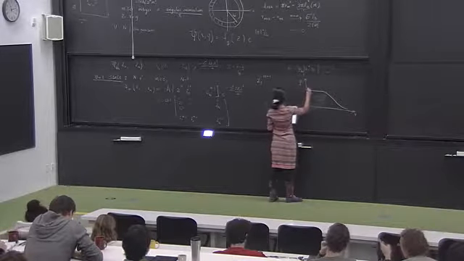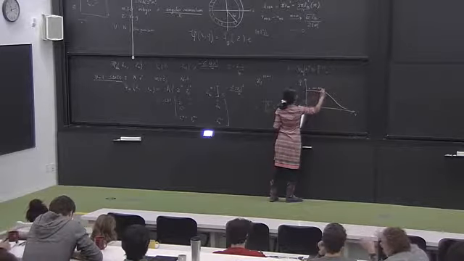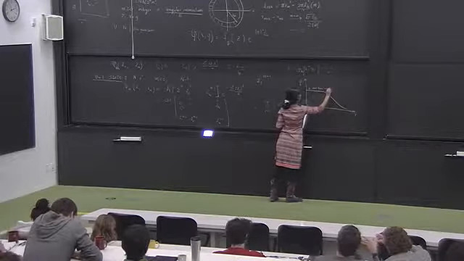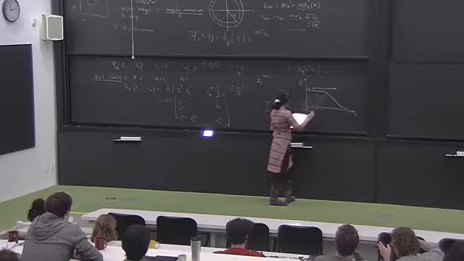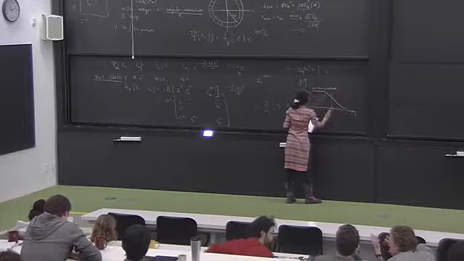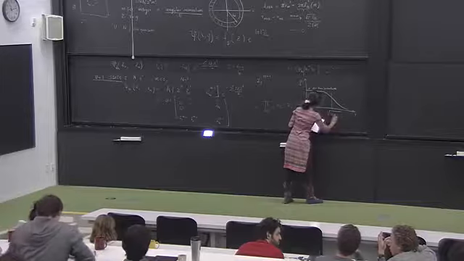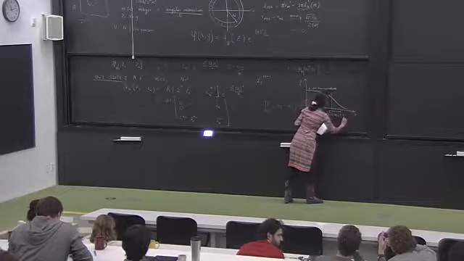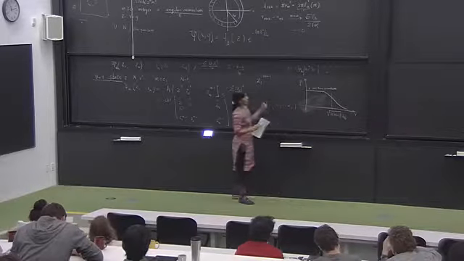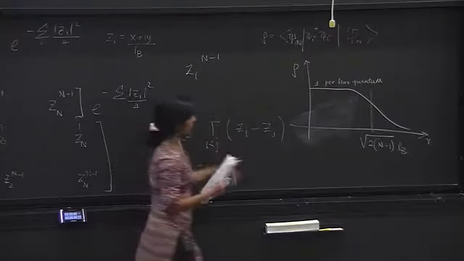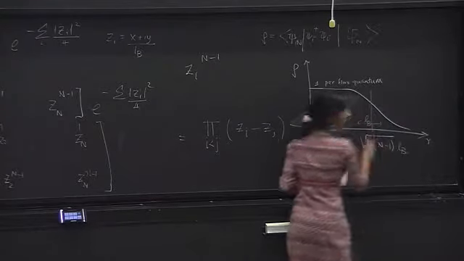So the density is 1 per flux quantum here, and then it falls off to 0 basically at the radius of the n-1th orbital, and it has some width.